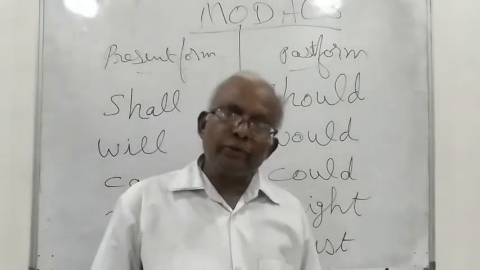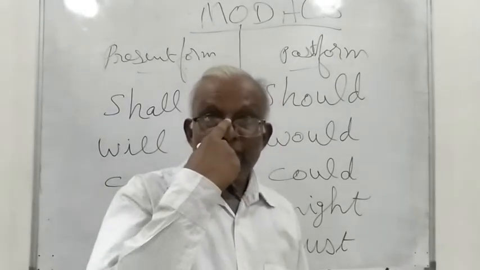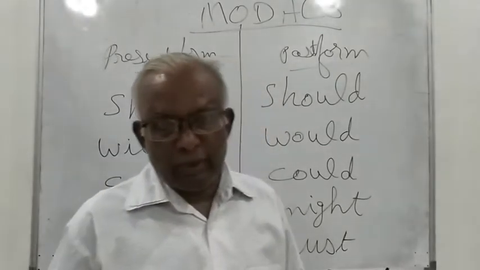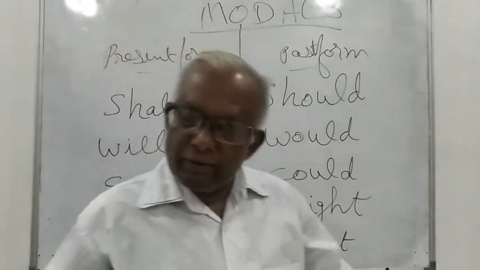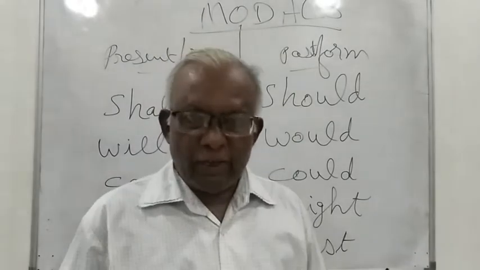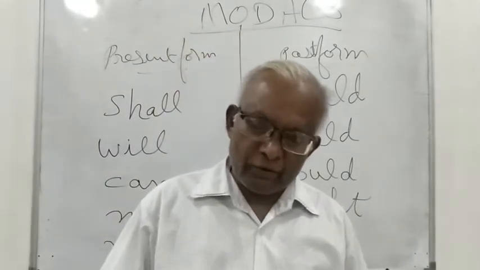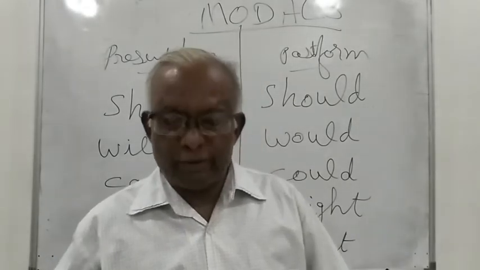You have heard about direct and reported speech, in your class 10 maybe, class 9 maybe, or even in class 12. Some call it direct and indirect speech, some reported speech, whatever.